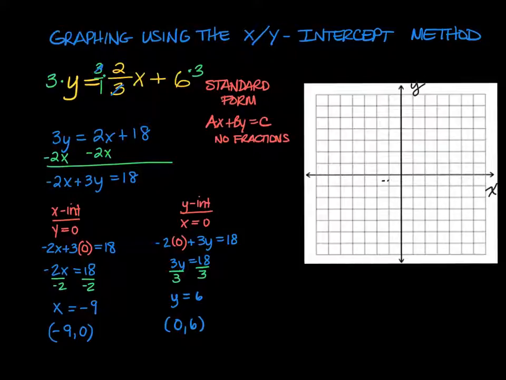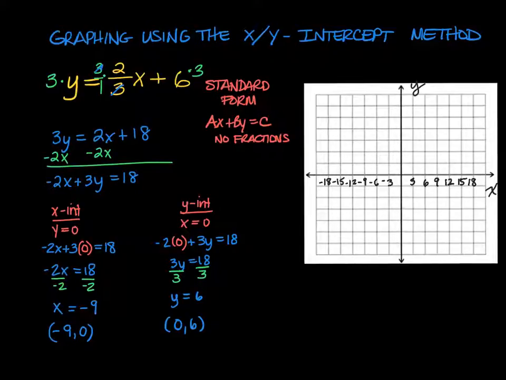So I'm going to make this negative 3, this negative 6, this negative 9, negative 12, negative 15, and negative 18. And this side goes 3, 6, 9, 12, 15, and 18. And you don't have to change the scale on your y-axis if you don't want to. So I'm not going to.